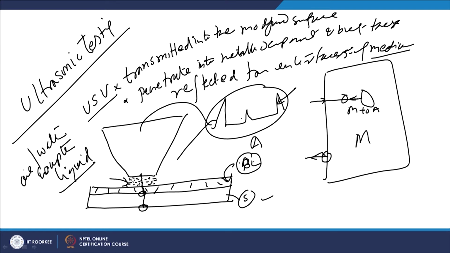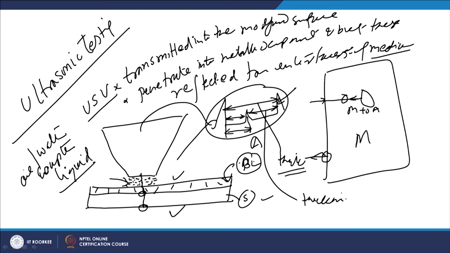So the spacing between these two is used to characterize the thickness of the layer which is applied, and the spacing between the first and last peaks is used to characterize the entire thickness right from the modified zone to the bottom of the substrate, and this distance is used to characterize the thickness of the substrate. So in this case basically we are transmitting the ultrasonic vibrations at the surface.